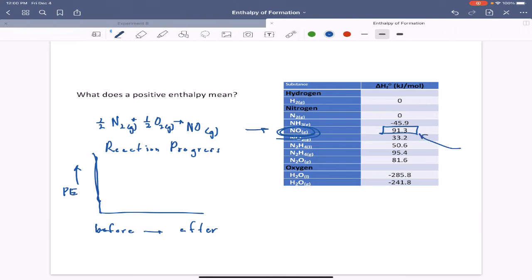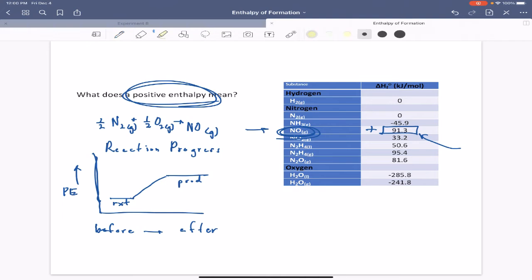If we have a positive value, what that means is the reactants started at lower potential energy and work was done, energy was put in to create products that are at higher potential energy. So when we have a positive enthalpy value, that means to form this product, work was done. How much work? Well, the difference between final and initial.